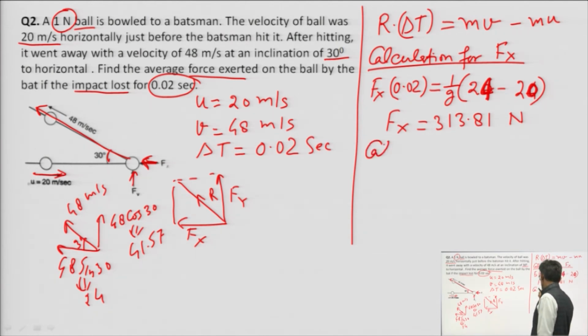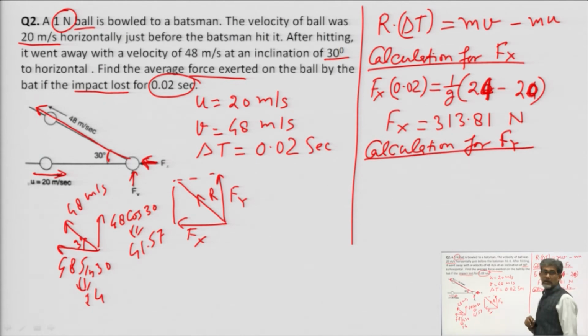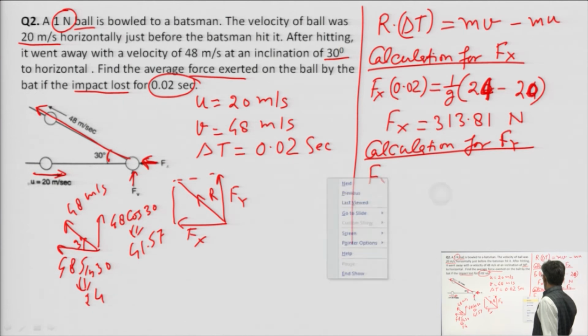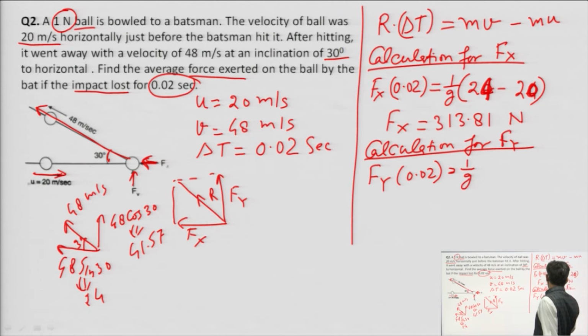Similarly, we can calculate the value of F y. Calculation for F y. The time is the same, 0.02, equal to mass 1 by g times the final velocity, 48.